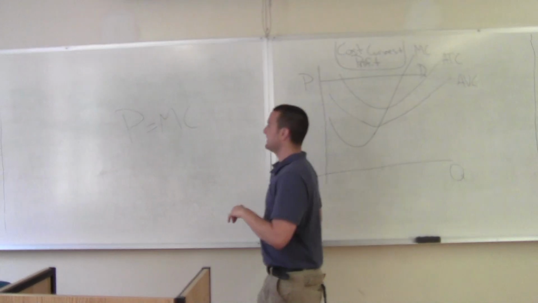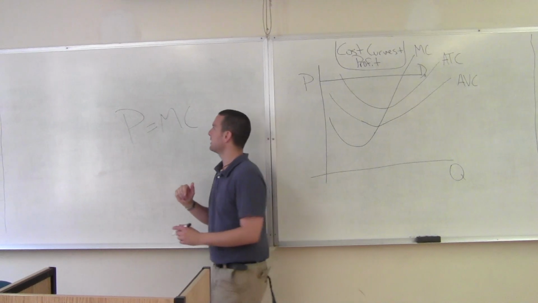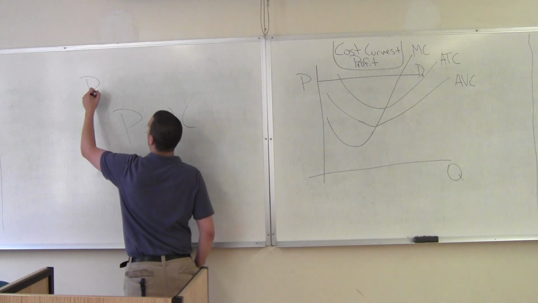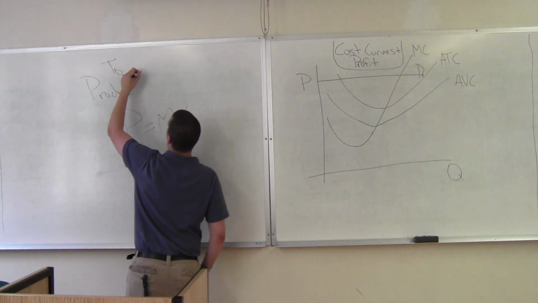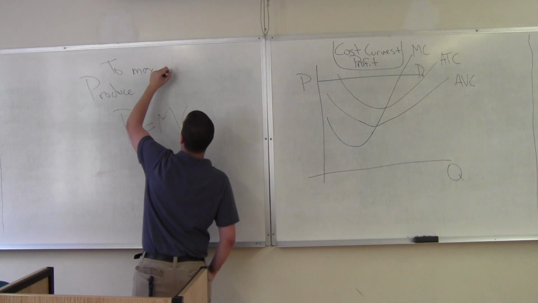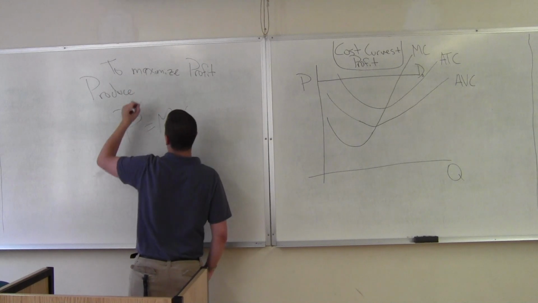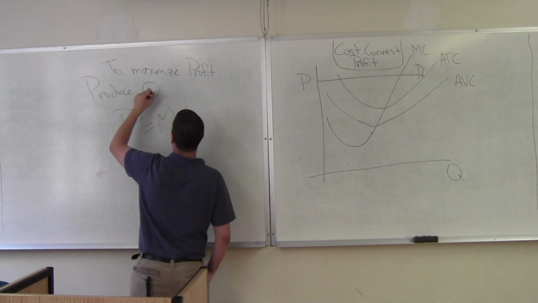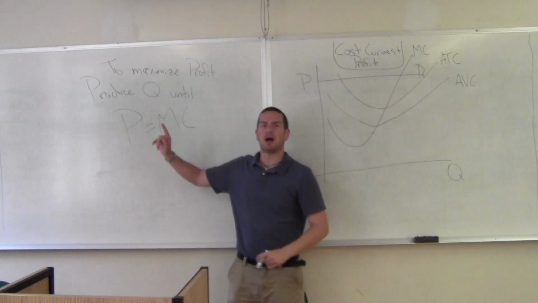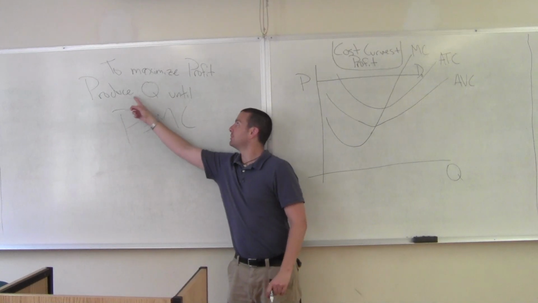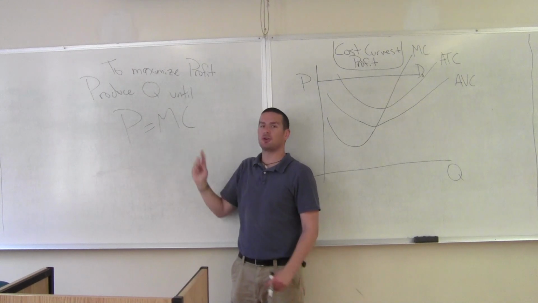And before, we said that in order to maximize your profit, you produce output, produce Q, until price is equal to marginal cost.